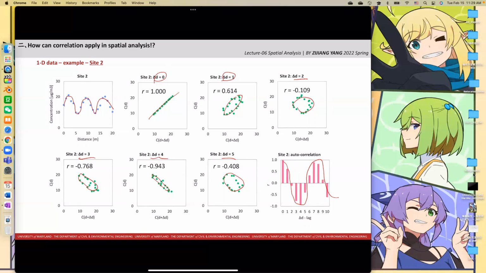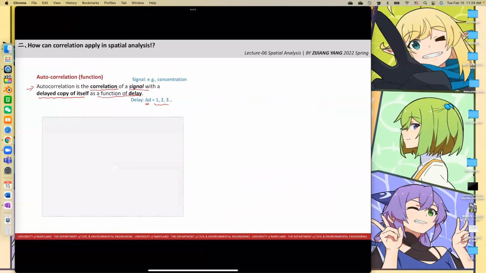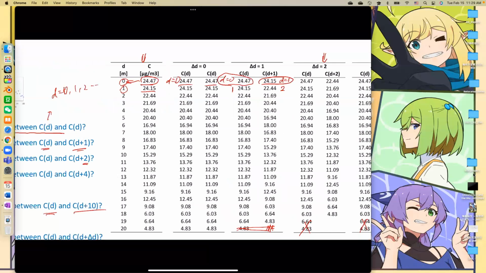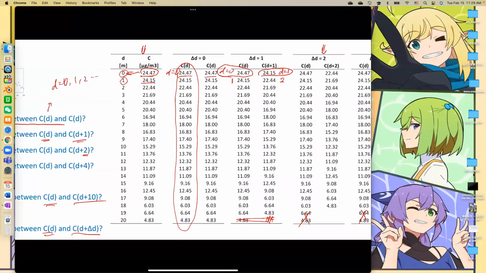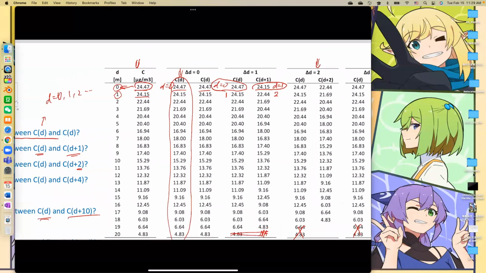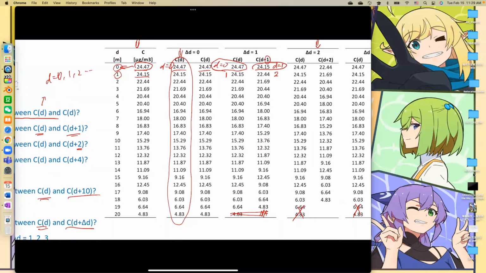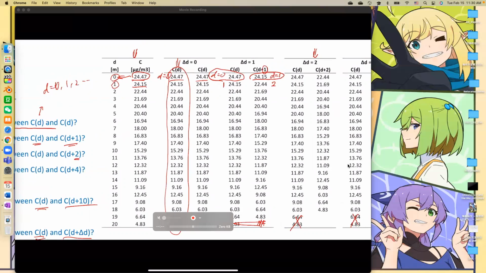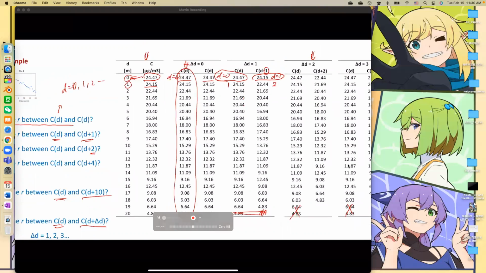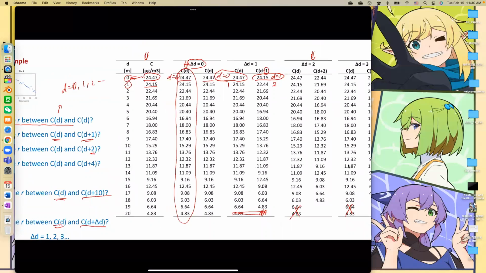What does the lag mean? The lag means we have one data set, and we want to calculate the correlation between the data and a delayed copy of itself. Suppose the lag equals 0, which means CD equals itself.